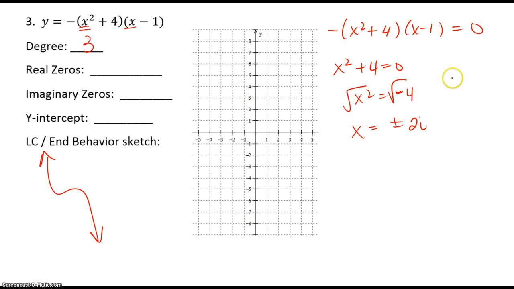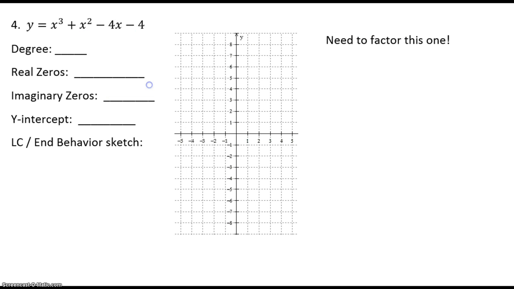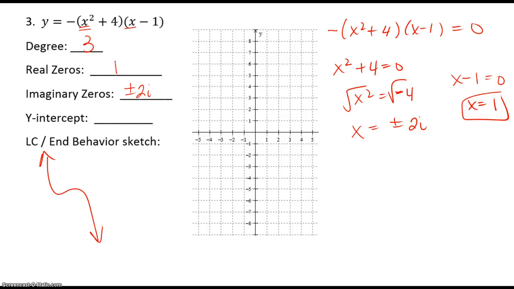My other 0, x minus 1 equals 0, is just mental math. So I only have 1 real 0 at x equals 1. I have 2 imaginary zeros at plus or minus 2i. So this is all I get right here for my x-intercepts.